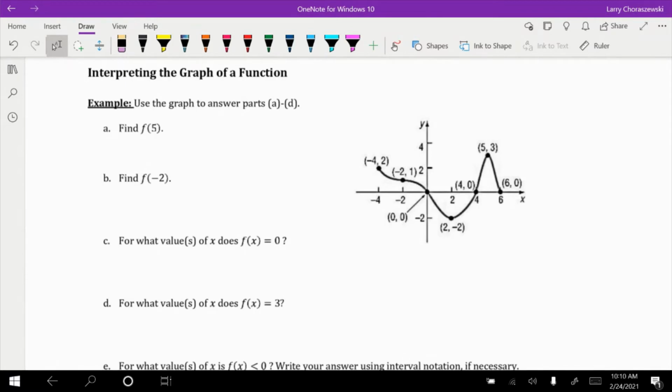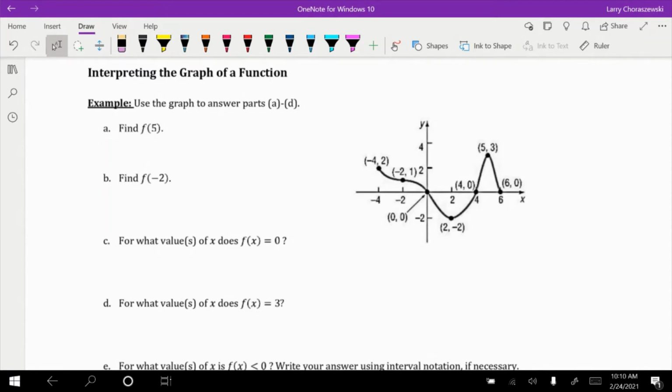And what I mean by that is we're going to either plug different numbers into the function notation, incorporate inequalities, or set the function notation to a particular value, and see what sections of the graph, this one here, are pertinent to that particular type of function notation.